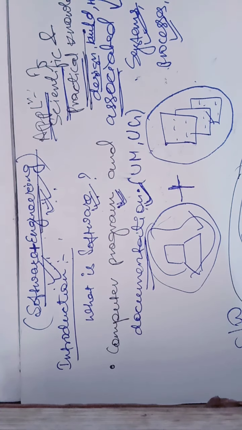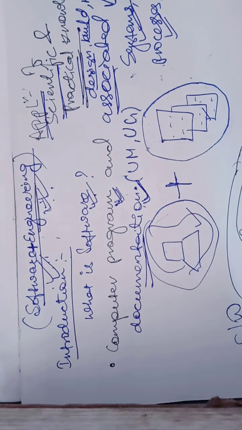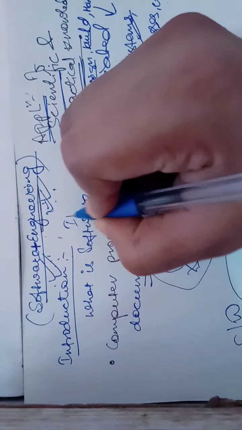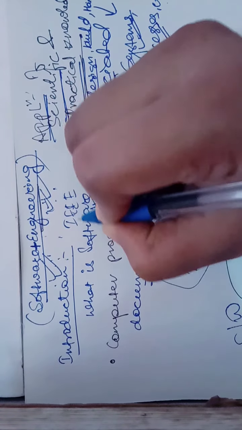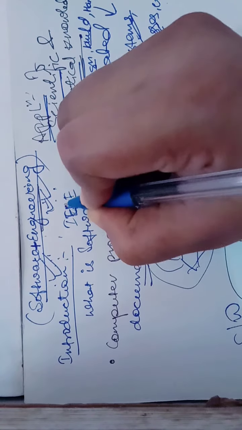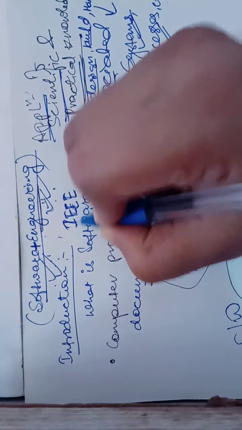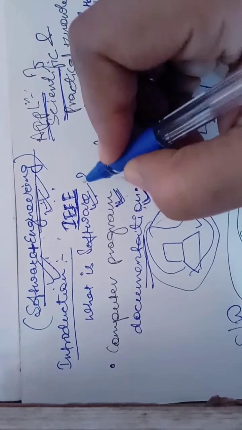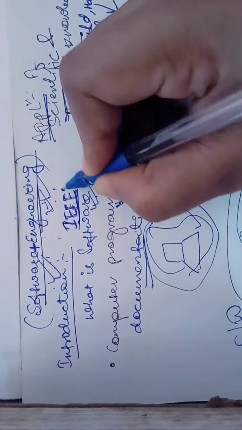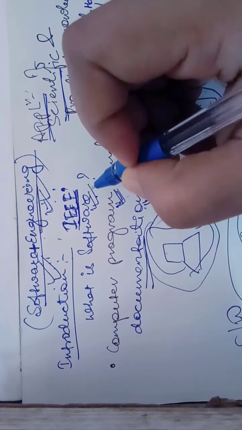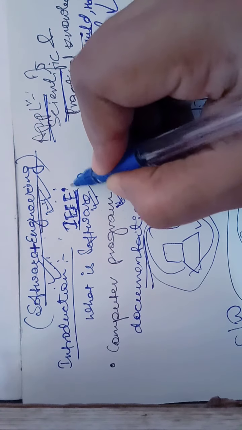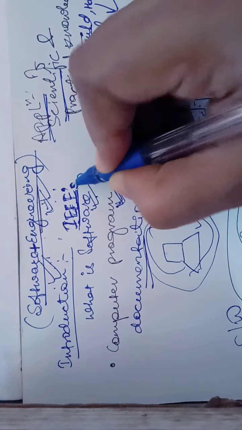Fine. So according to IEEE, we all know that IEEE is an international body, an organization that gives standardizations and definitions for the different disciplines under engineering and many other domains.